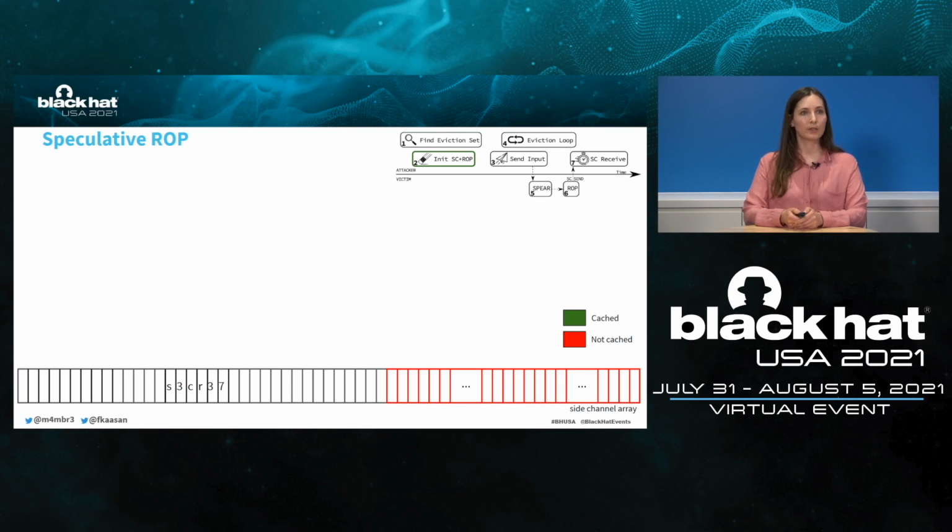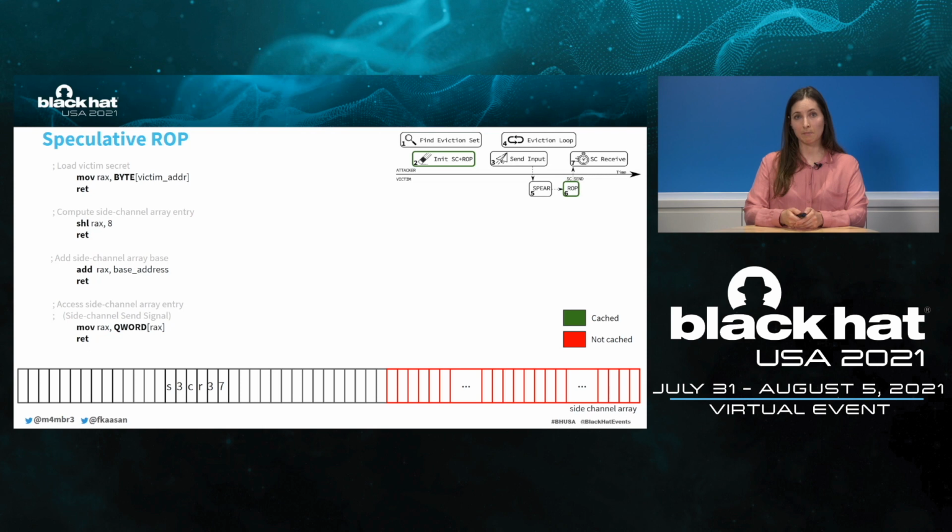In contrast with traditional ROP, speculative ROP gadgets must be chosen such that the chain has the minimum possible length. In the paper, we show exactly what gadgets worked in our attack and from what libraries and binaries we obtained those gadgets. In this example, however, the gadgets are the basic building blocks of the successful arbitrary victim memory read followed by side channel send.